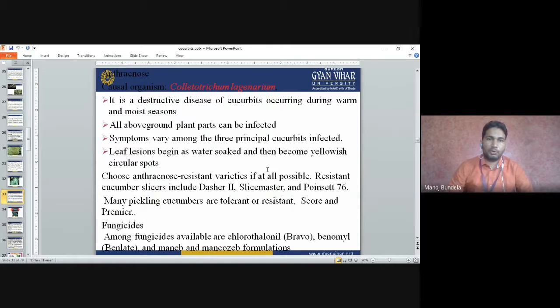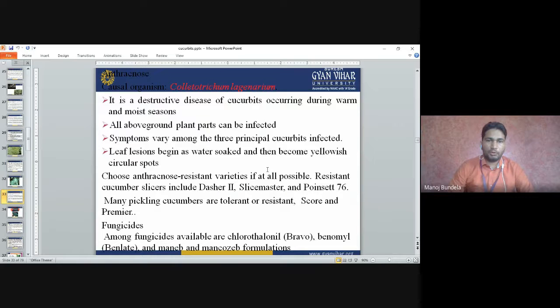Next is anthracnose. Anthracnose is a destructive disease of cucurbits occurring during warm and moist seasons. All above-ground plant parts can be infected. Leaf lesions begin as water-soaked spots and become yellowish, circular spots.